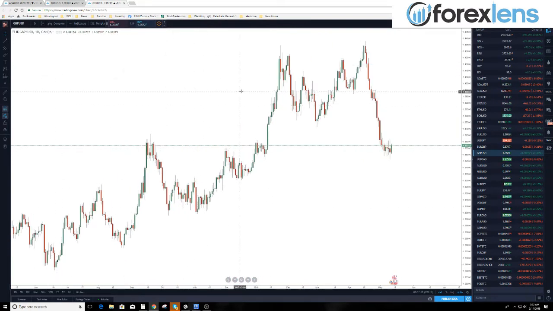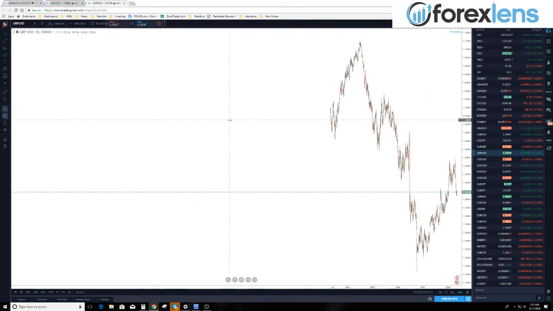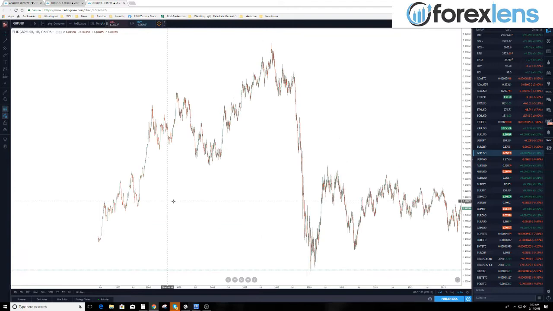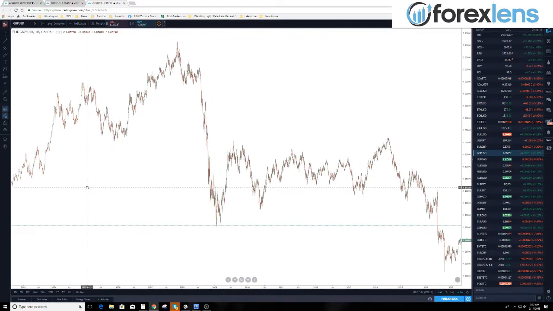Remove all indicators and drawing tools. So this is the pound dollar, and I want to look at how far I can scroll out. Oh, that's pretty good. So what I want to identify is the all-time high and the all-time low. The all-time high is up here, the all-time low is down here.